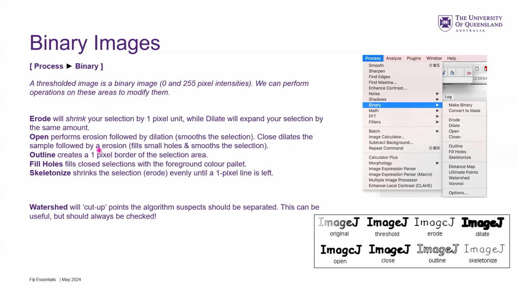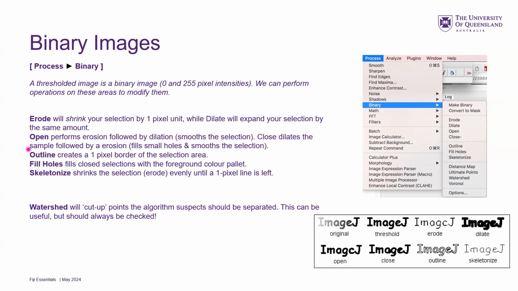But some of these tools, like you can erode the edges, so you can shrink 1 pixel in, so you can eat in from the edge. You can dilate it, well, that makes it fatter by 1 pixel. You can open holes or close holes, and they just run a dilate then an erode, or an erode then a dilate. You can skeletonize. You can get the outline. You can fill in holes. You can do all these things.